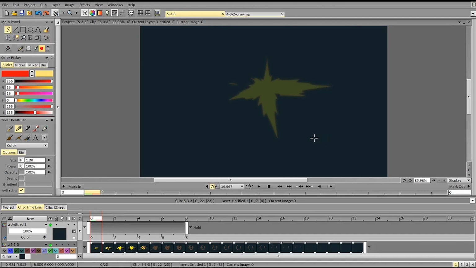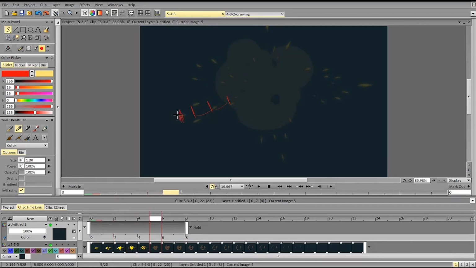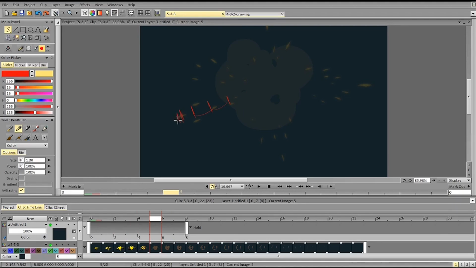For the sparks at least. You see, very even here, and then sudden deceleration, no deceleration, like this.